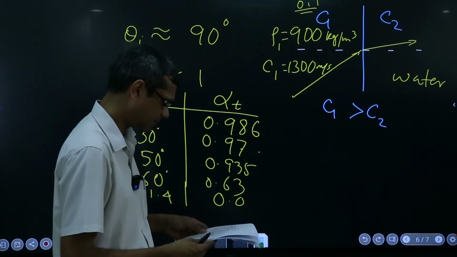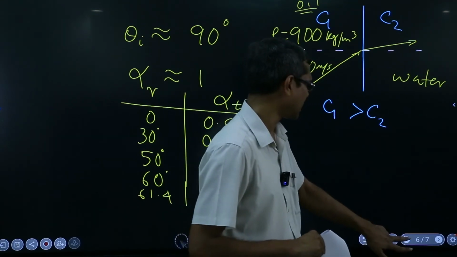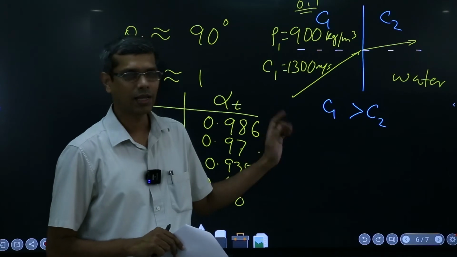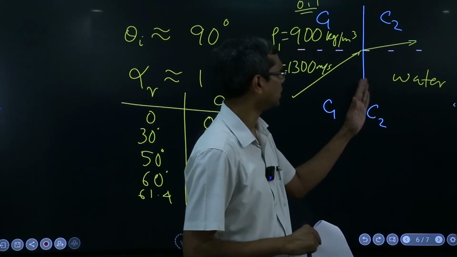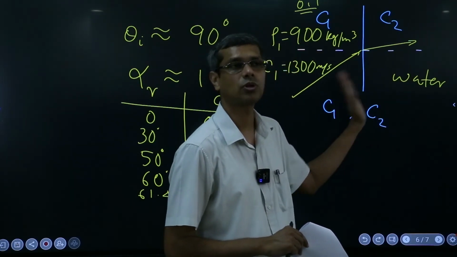So these are the special cases which we discussed for two types of liquids. Now, in the previous case you observed that we converted the transmission into solid.